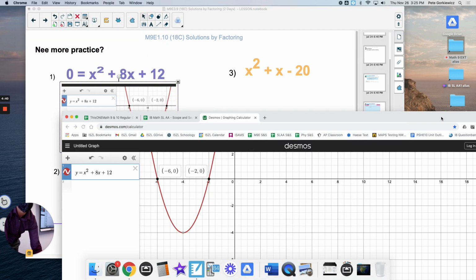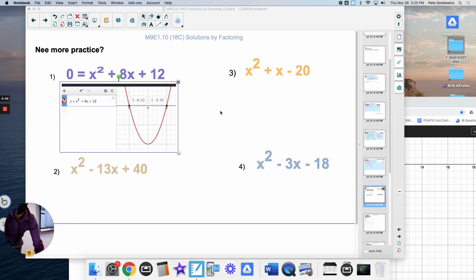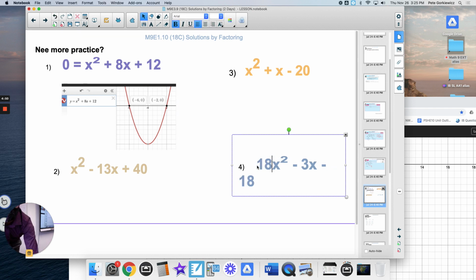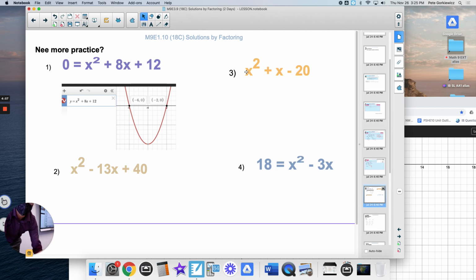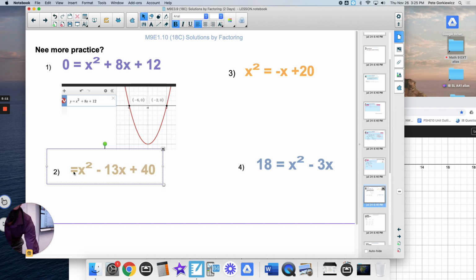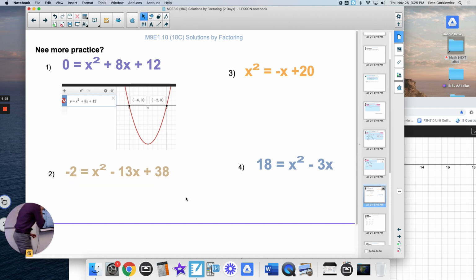Yeah, it's a screenshot. I didn't actually change them.